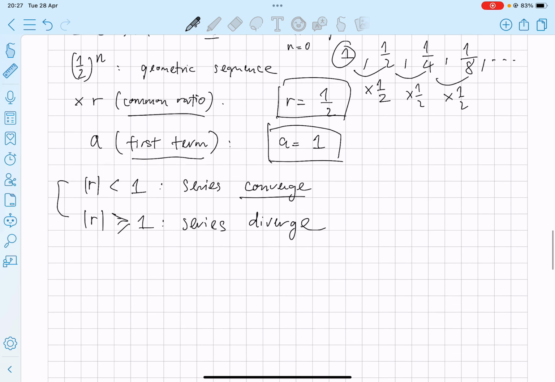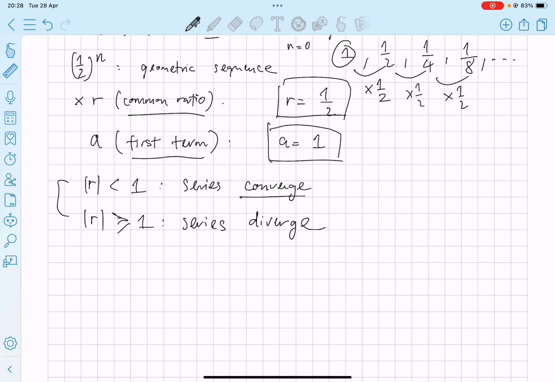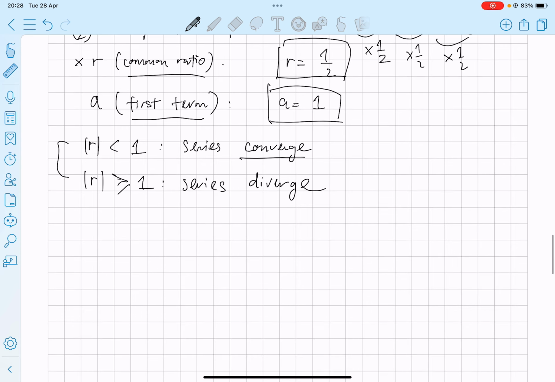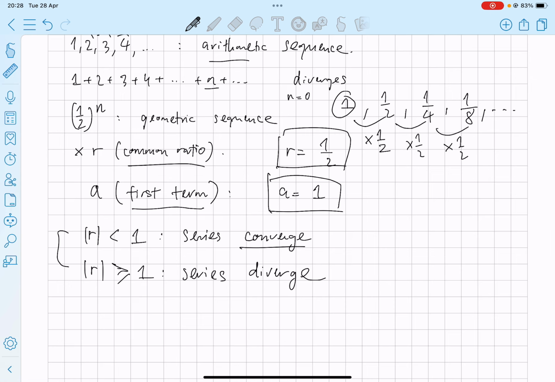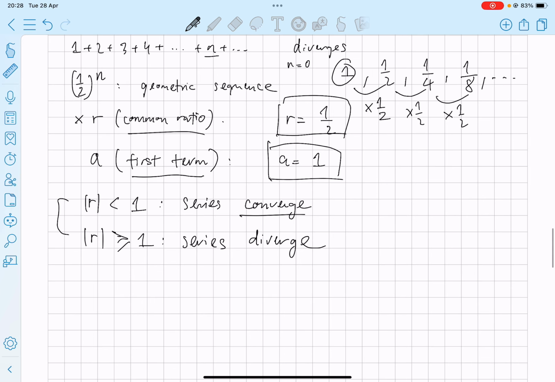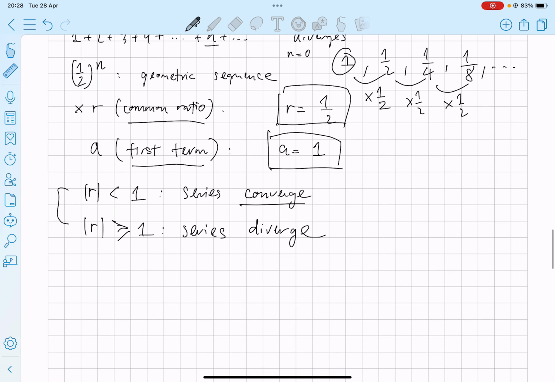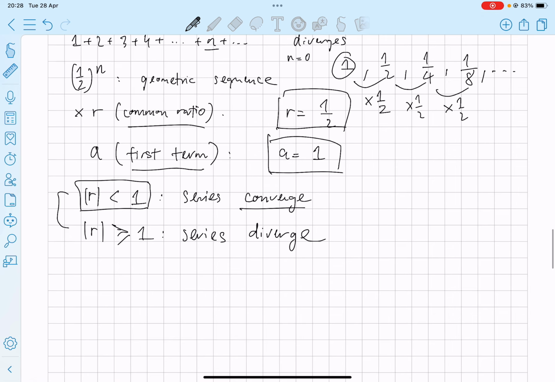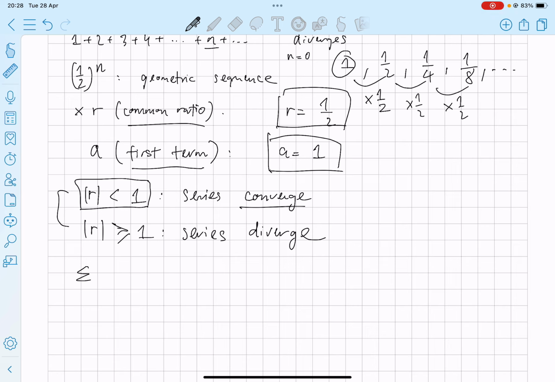In some problems, you will be asked to determine that finite number. How can we find it? I'm gonna give you the formula. Our series is equal to the first term over 1 minus r.